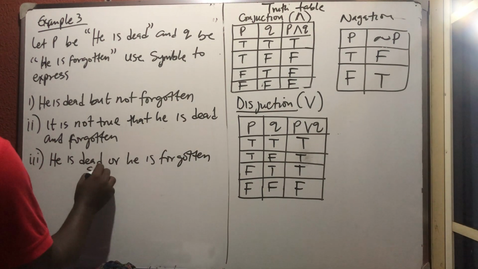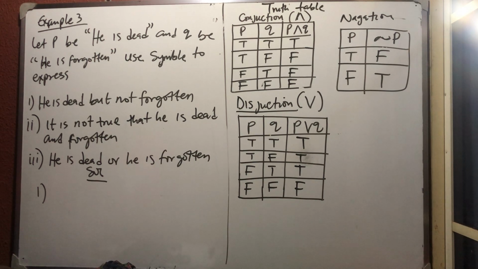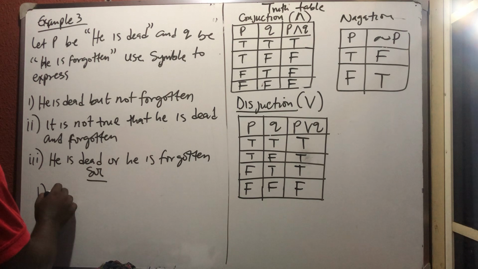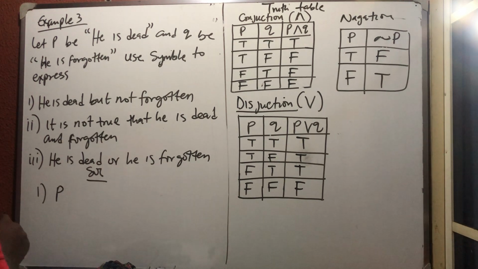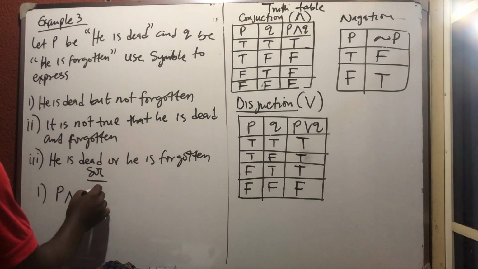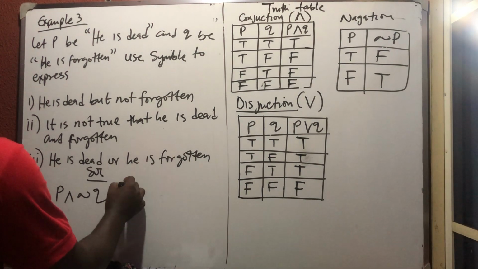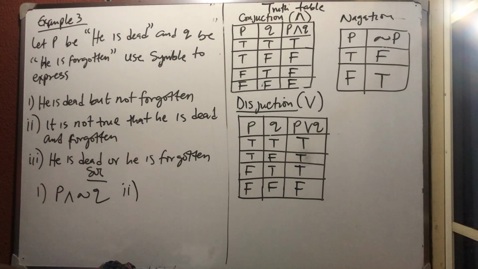Okay, solution. The first one said he is dead but not forgotten. He is dead is P, but not forgotten, and he is not forgotten. Then, it is not true that he is dead and forgotten.